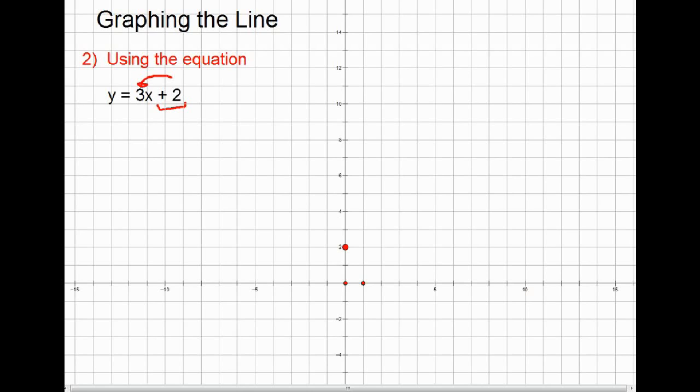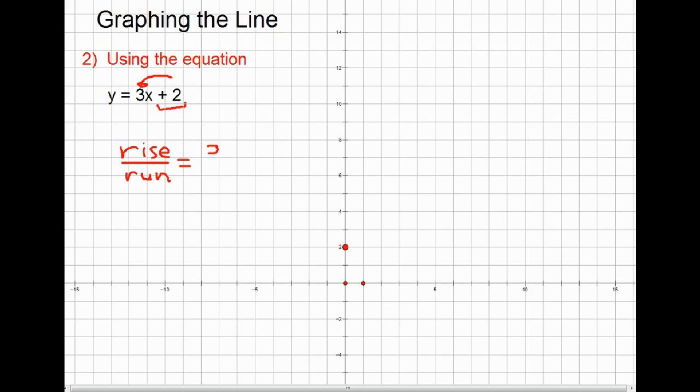But this is a case where understanding that equation helps you graph the line. So if we use the slope, if we use the equation rise over run, well, we need to know what the rise and the run is for the slope. And for this line, we know that the slope is 3.